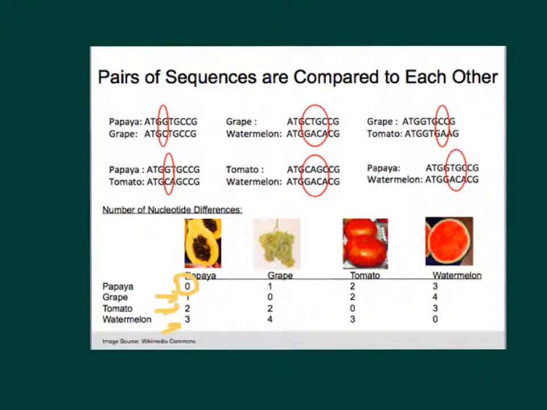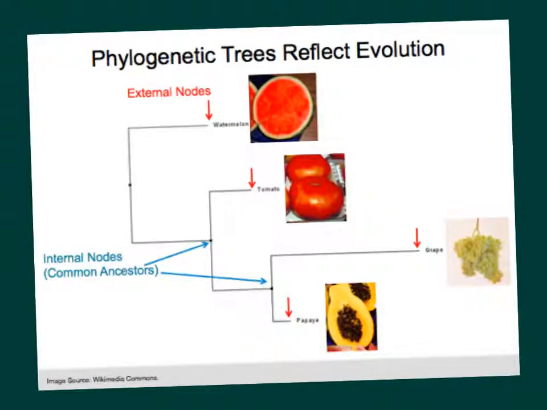So we can use this data on this particular chart, the number of nucleotide differences, to construct a phylogenetic tree. Hopefully you recognize these phylogenetic trees now that you've seen it. I understand it's been a while, we did classification a while ago, but this phylogenetic tree has nodes. Remember, these are internal nodes, it's a branch.